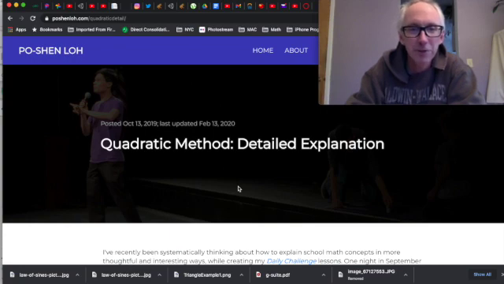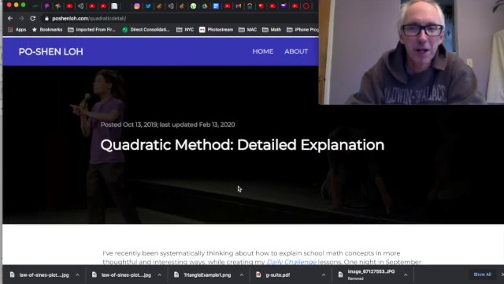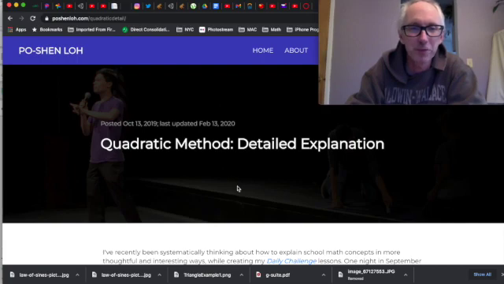And you were taught in school pretty much that to solve a quadratic equation, you first want to try to factor it. And if it doesn't factor, then you could use the quadratic formula to then solve it. Or you could use complete the square. Well, Professor Loh's method is genius and very simple and is even much easier to use than the quadratic formula. So we will go through some examples and show you how it works.